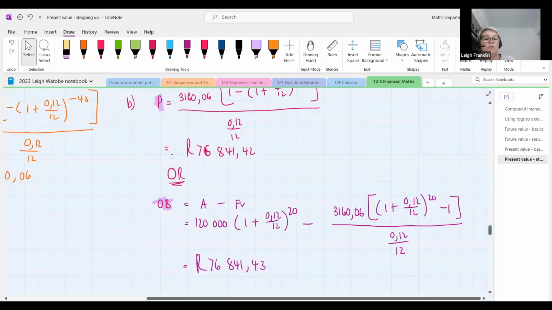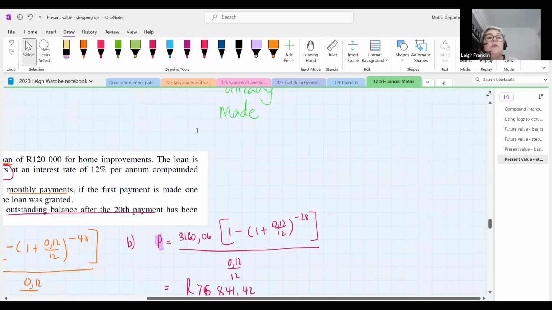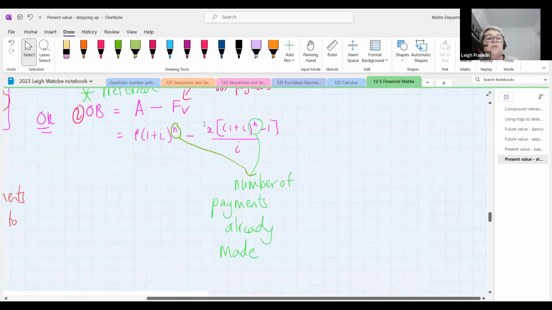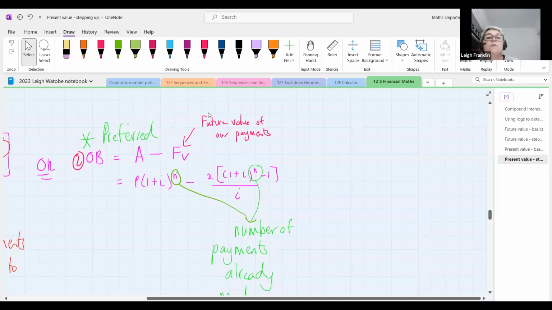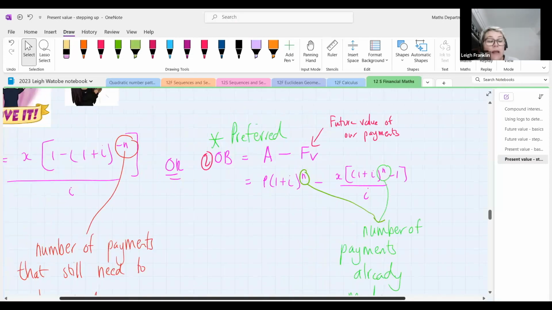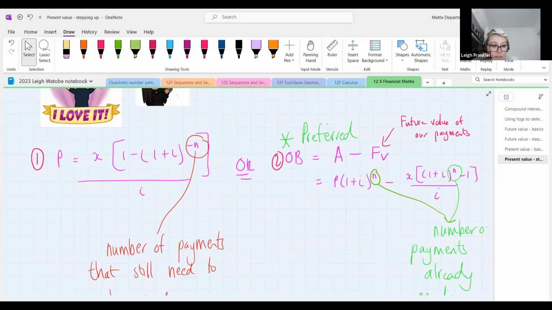Let's just go back and speak about what we have learned this lesson so far. Either we can calculate our outstanding balance as a present value.